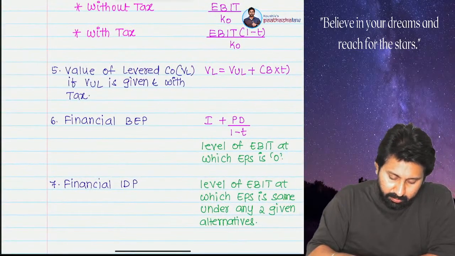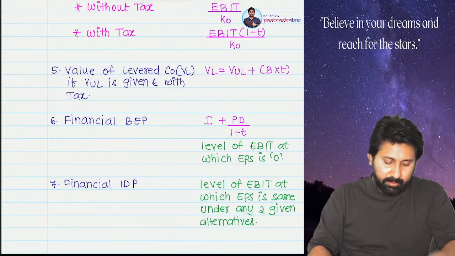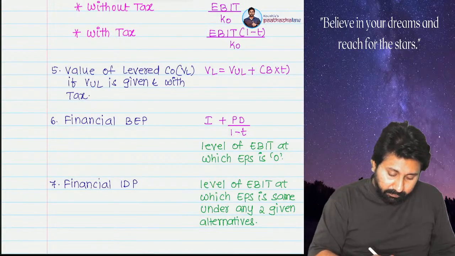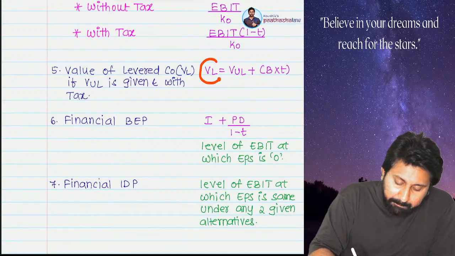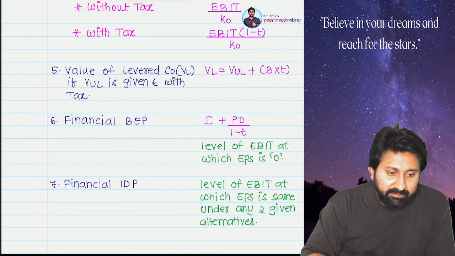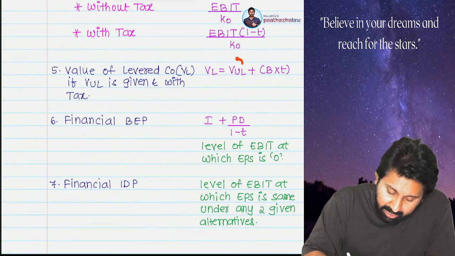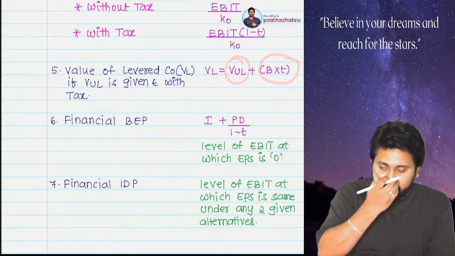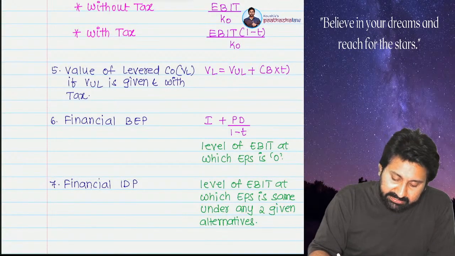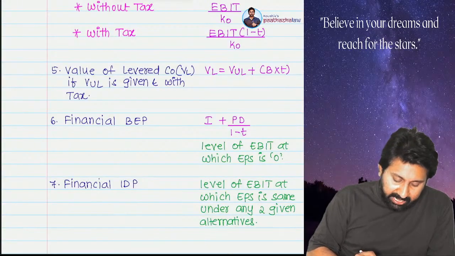Now, with regard to the next one, there is another calculation: value of the levered company equals value of the unlevered company plus borrowings into tax.